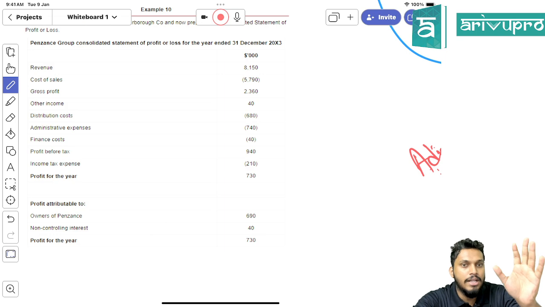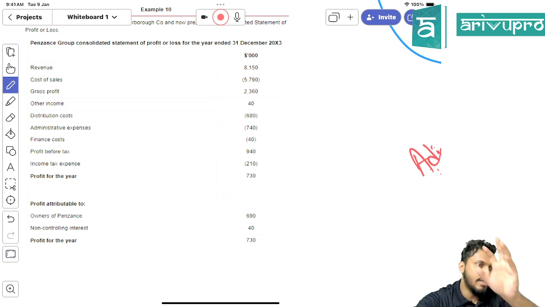You take the P&L of your parent company, you take the P&L of your subsidiary company, and you merge them. However, when you are allocating the profits of the subsidiary, you need to allocate them separately to your equity. Equity means your parent and your non-controlling interest.